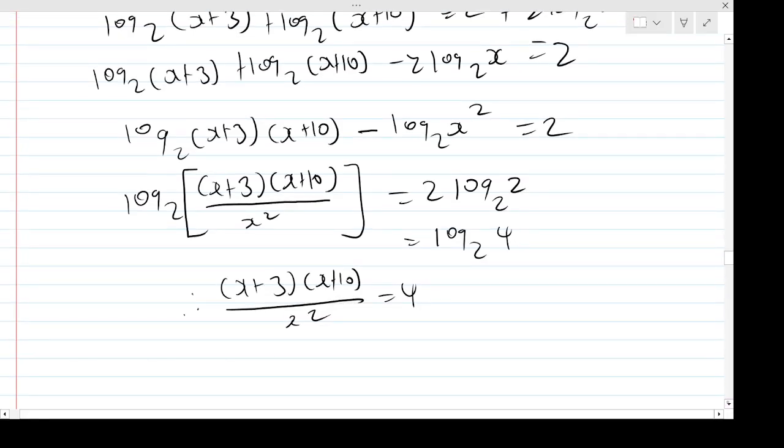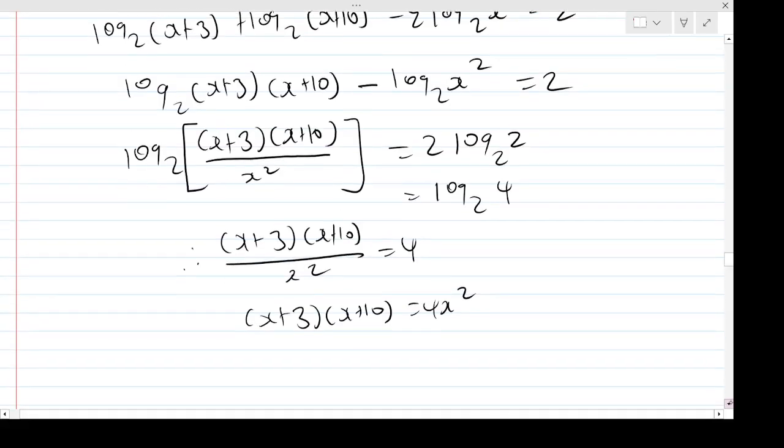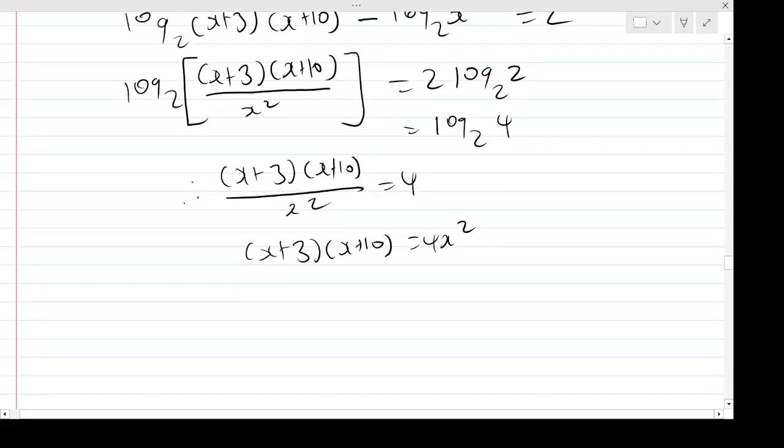And so at that point, I could cross multiply to get (x + 3)(x + 10) equals 4x squared. And now you can hopefully see a quadratic equation is going to emerge. So if I expand this, I get x squared, add 10x, add 3x is 13x, add 30, and then take away the 4x squared equal to 0.